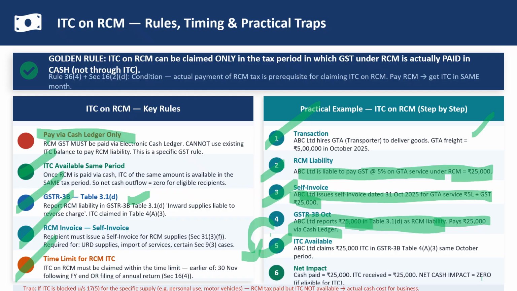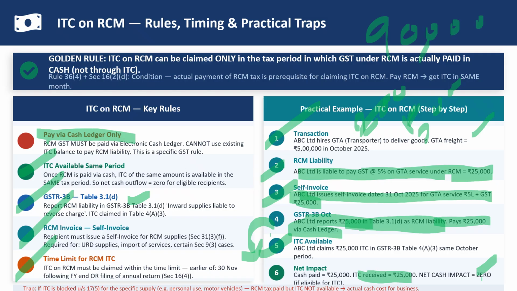The net cash impact is zero, because in the particular month of October, if your regular sales are 5 lakhs, and you calculate regular GST on that 5 lakhs, say suppose it is at 18%, it will come to 90,000.